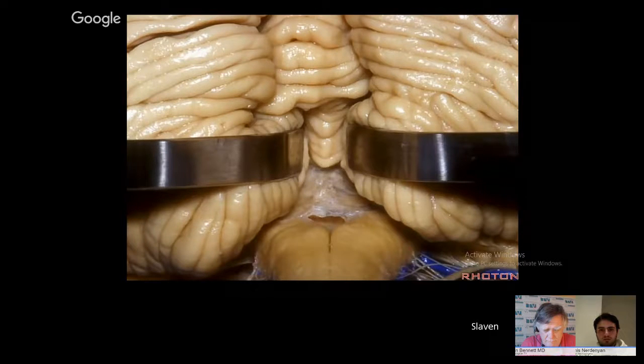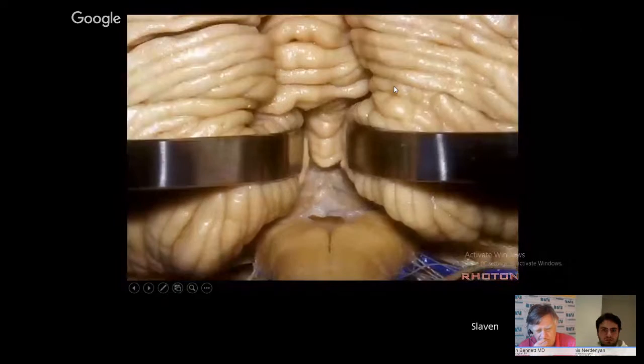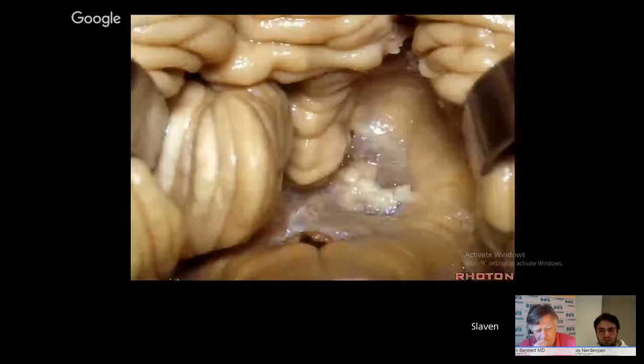Because in the suboccipital surface you have the cerebellar hemispheres, the vermis, and the tonsils of the cerebellum. In the petrosal surface you have the CP angle and the hemispheres of the cerebellum. And finally, in the tentorial surface, you have the vermis and the hemispheres of the cerebellum. So it's really quite easy. You have only, let's say, three parts of the cerebellum which are all the time rotating around in these surfaces.